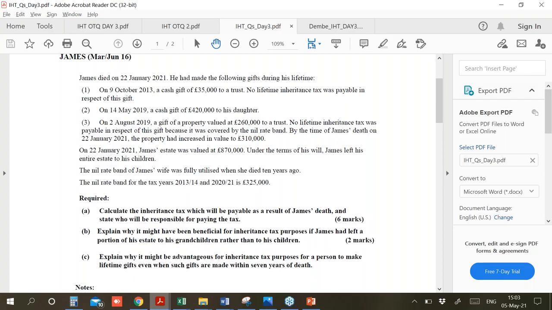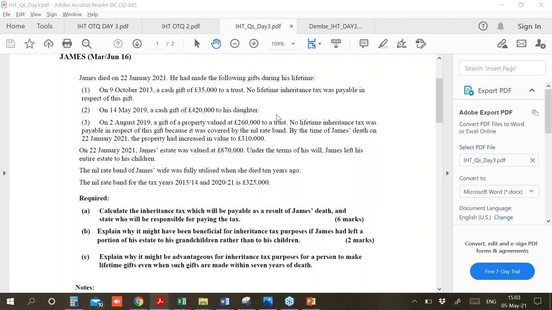So we have to calculate the inheritance tax payable. It can be on lifetime gifts as well as on death gifts. Now, guys, if I stop here and ask you the order, for example, if one has made lifetime gifts as well as death gifts, meaning the gifts on the death estate, when we have to apply the nil rate band, which comes first?